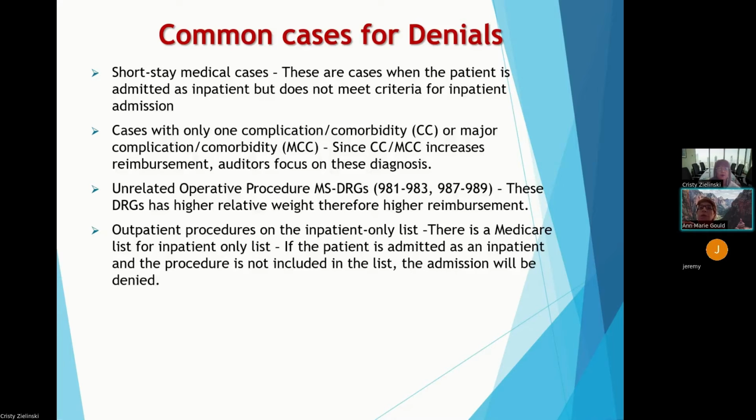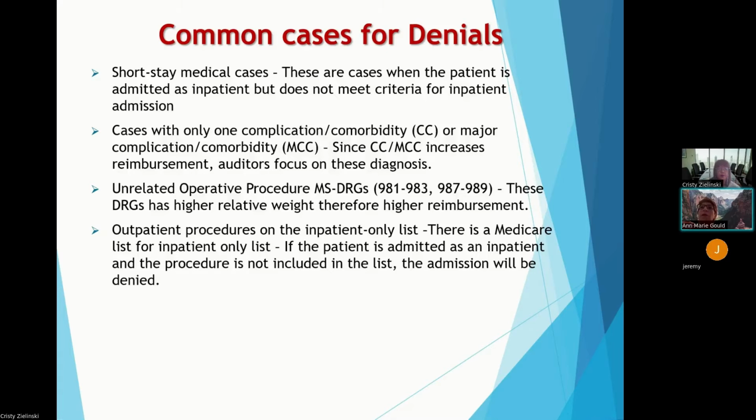The other pieces of the pie are the unrelated operative procedure MS-DRGs, that's what I call the MAL, right? It's a principal procedure not associated with your principal diagnosis. The MS-DRGs are 981 to 983 and 987 to 989.